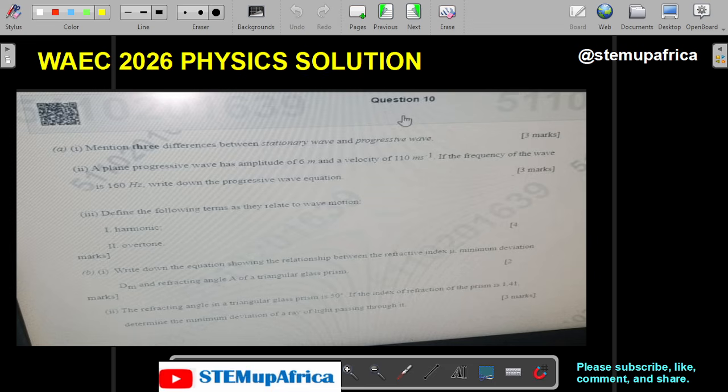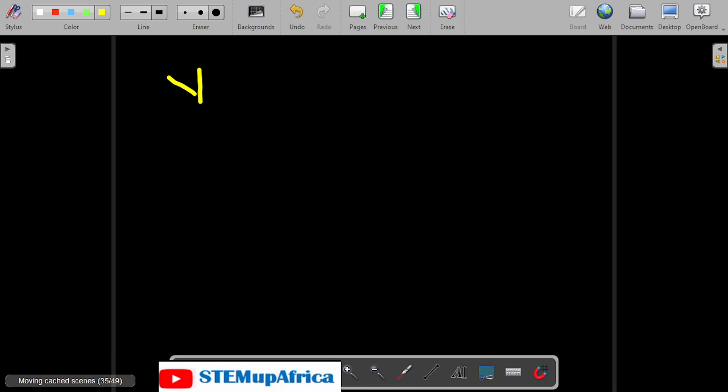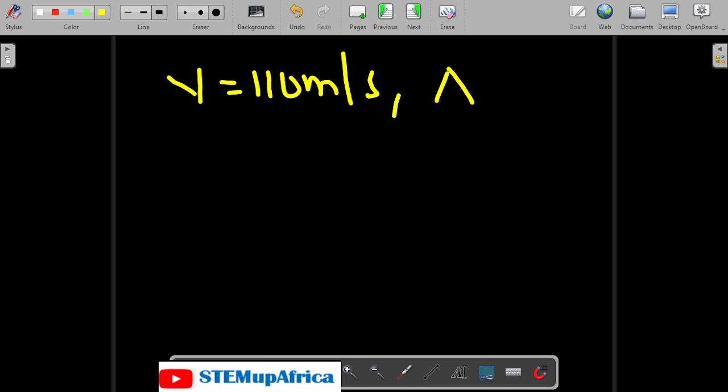Roman figure 2: a progressive wave has an amplitude of 6 meters and a velocity of 110. If the frequency of the wave is 160 Hz, write down the progressive wave equation. So what is given to us: velocity V as 110 meters per second, amplitude as 6 meters, and frequency as 160 Hz.